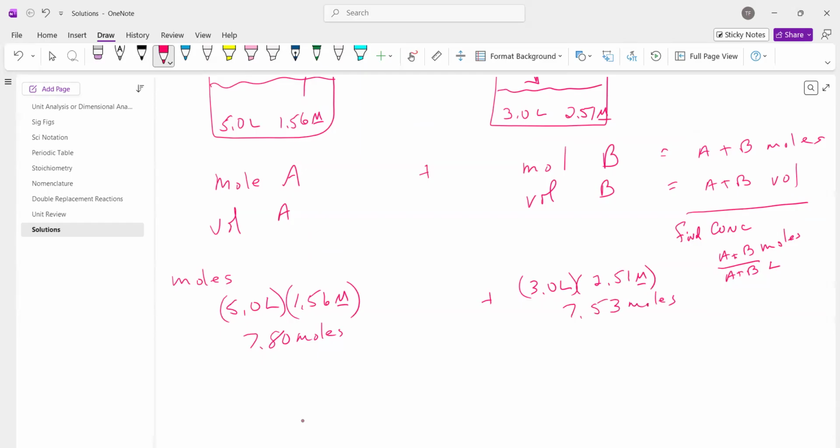Okay, so this is A, B. Okay, so we're going to add these two together to get the total moles of our mixture. So let's see, 7, 8.